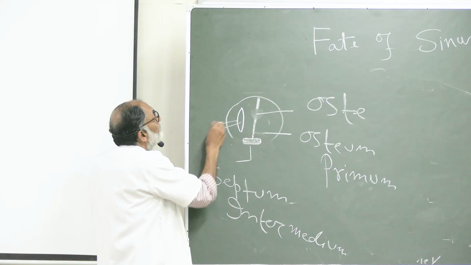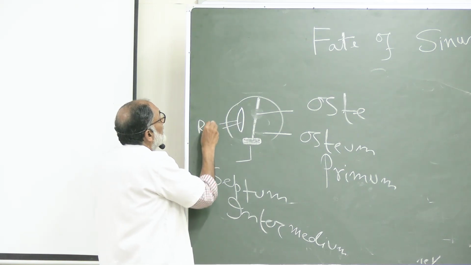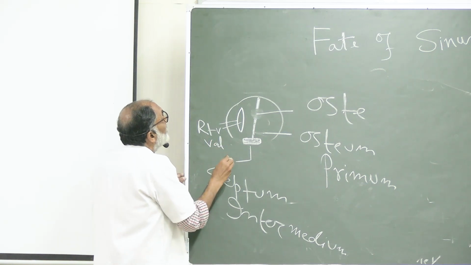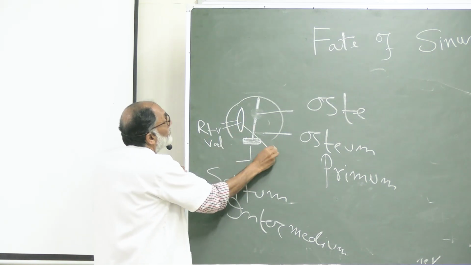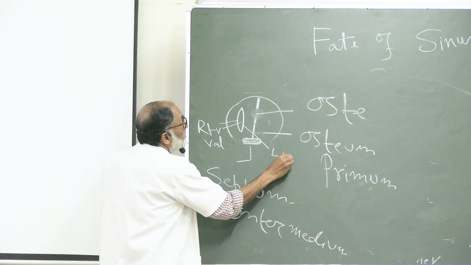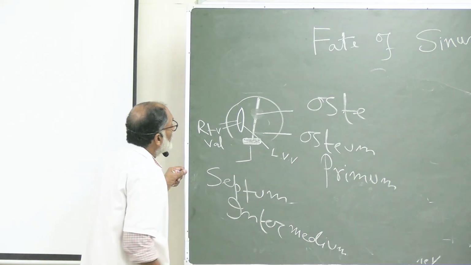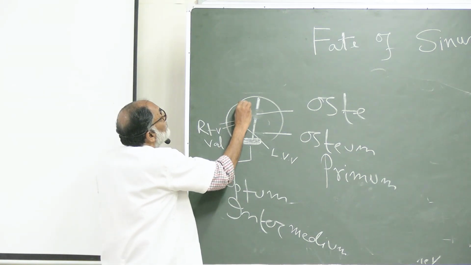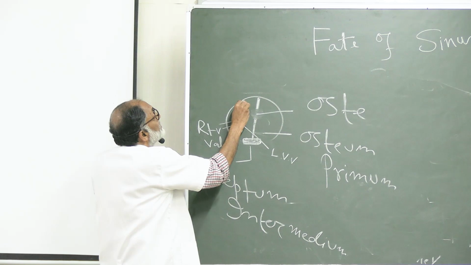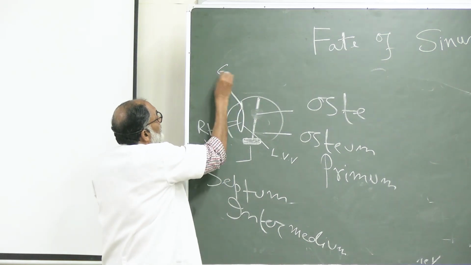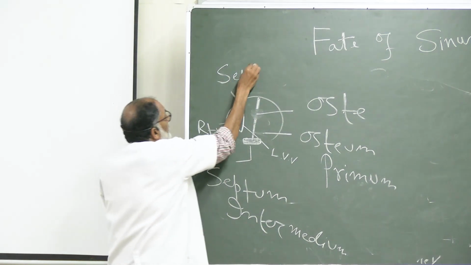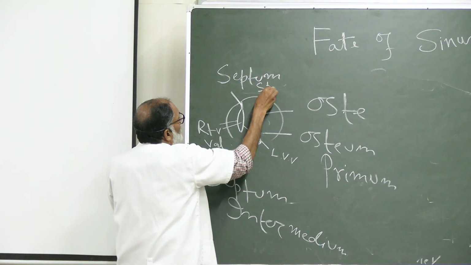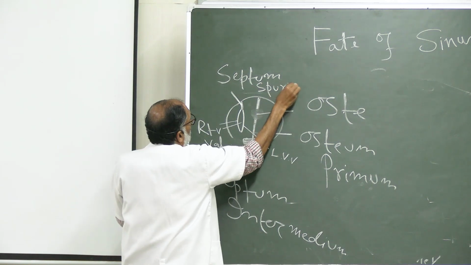There is a right venous valve and a left venous valve, and cranially they have merged and will form the septum spurium.